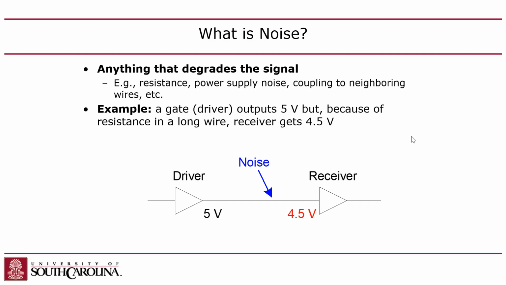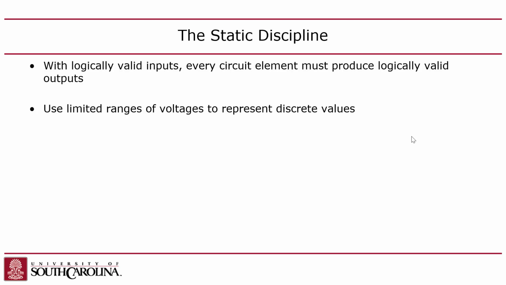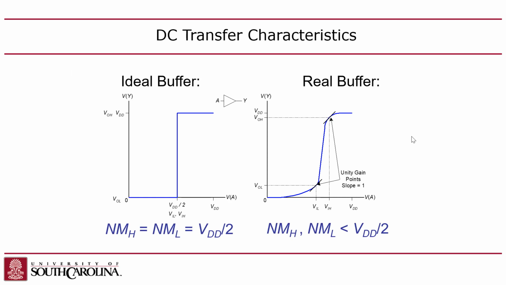So the idea there is that logic gates have this thing where they kind of clean up the noise affecting their inputs, because what a logic gate effectively considers a 0 is any voltage between 0 and VIL, right?